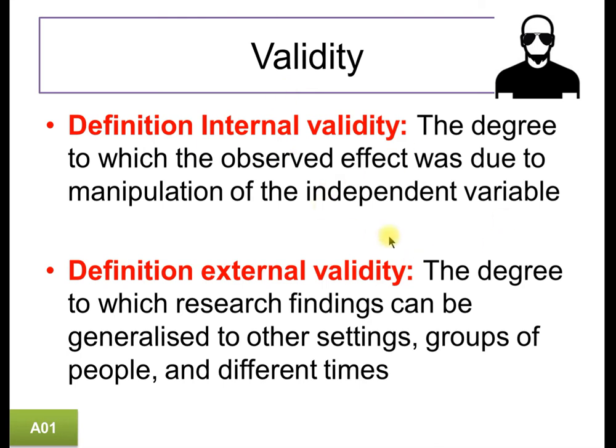In other words, the manipulation of the independent variable. So if I prime participants with positive characteristics to do with memory, and then I measure their memory, if they can recall more items, it should be that priming that caused it and not some extraneous or confounding variable.